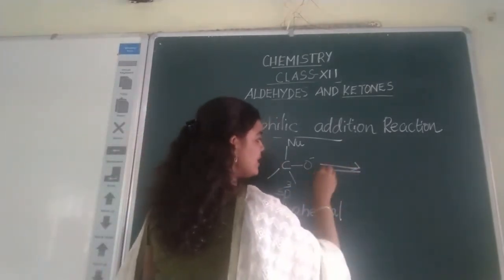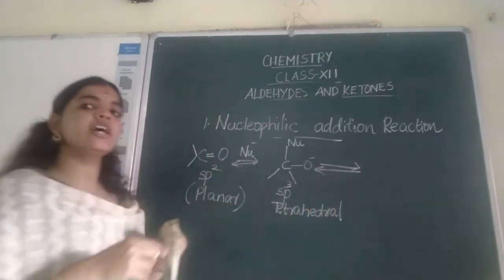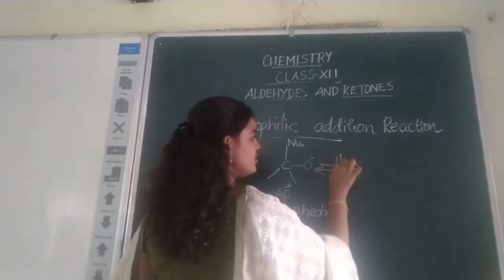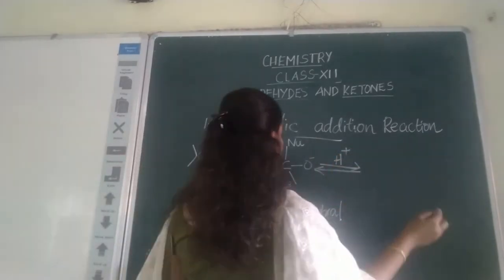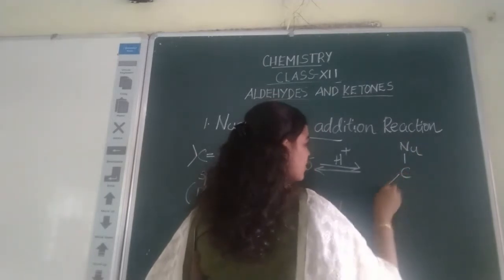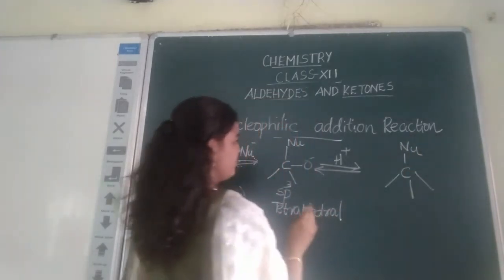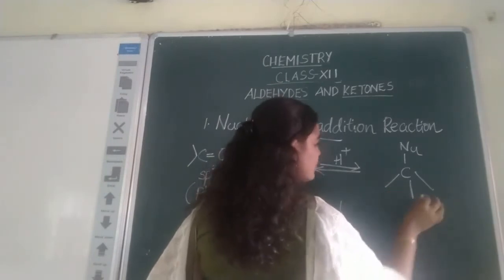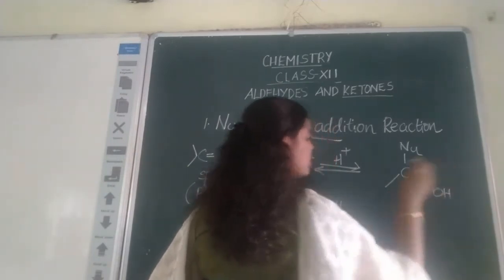In order to complete this reaction, a proton will be added to oxygen from the reaction medium. So this can be converted into carbon with a nucleophile and an OH group like this. Okay. Here some group will be there, and here we can see the OH group.